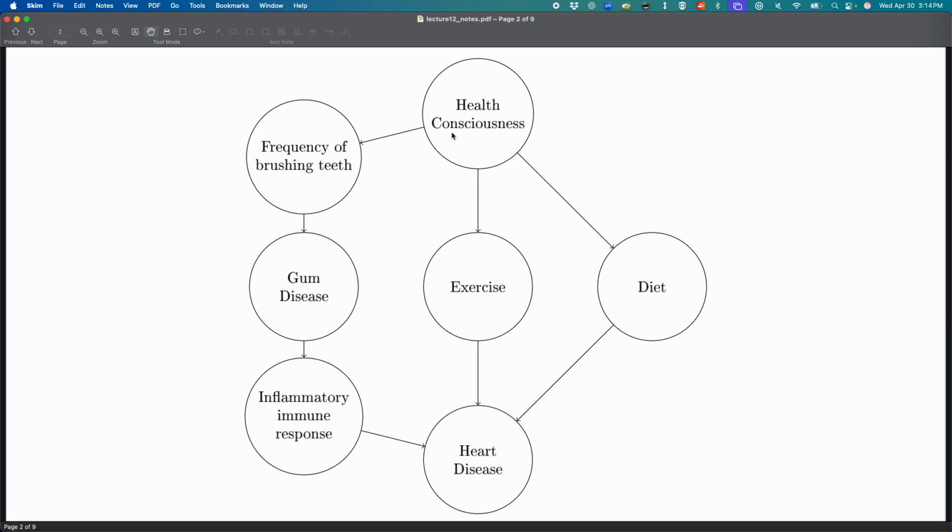Okay, so imagine you have another variable here, which is like using mouthwash. Okay, if that existed, then these could not be mediator variables, and we could not come to the conclusion that there is a causal relationship between here and here, directly in that sense. Okay?